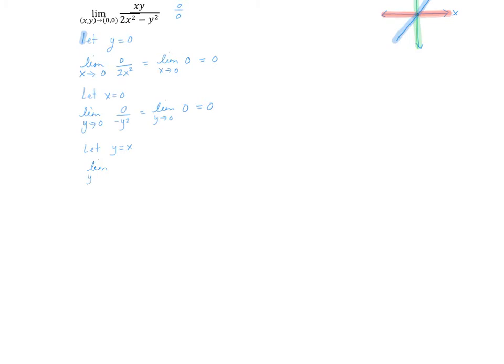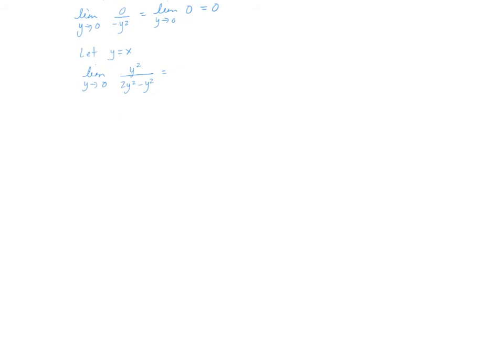As y goes to 0, because I'm replacing the x value with y, of y squared over 2y squared minus y squared. And this would just be the limit as y goes to 0 of y squared over y squared.